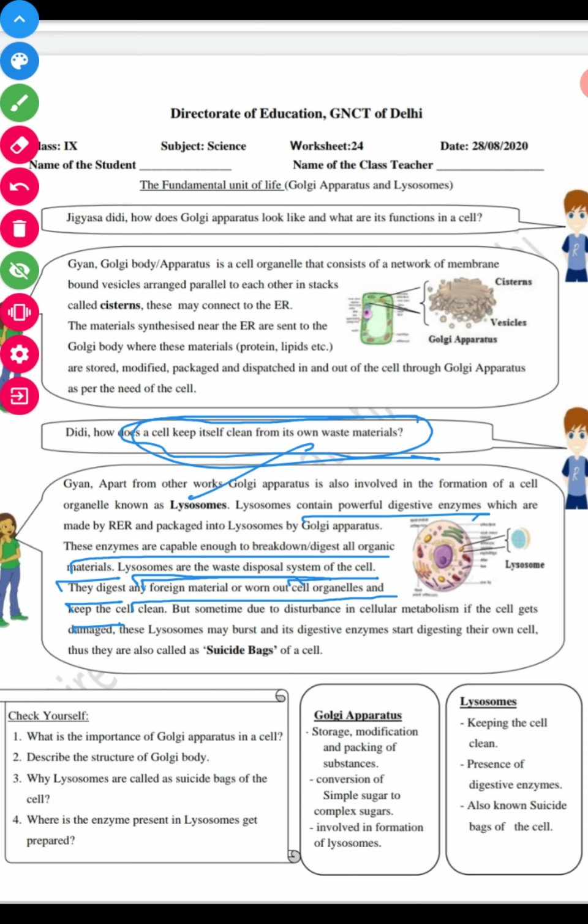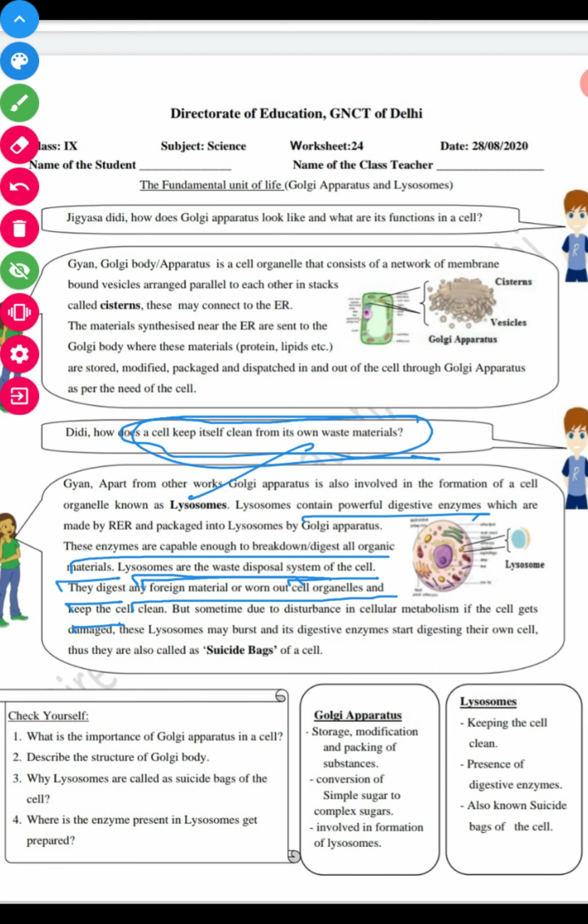They digest all the foreign material which is not required by the cell, as well as all the ruptured, worn out cell organelles, right? They digest all these kinds of substances and keep the cell clean.